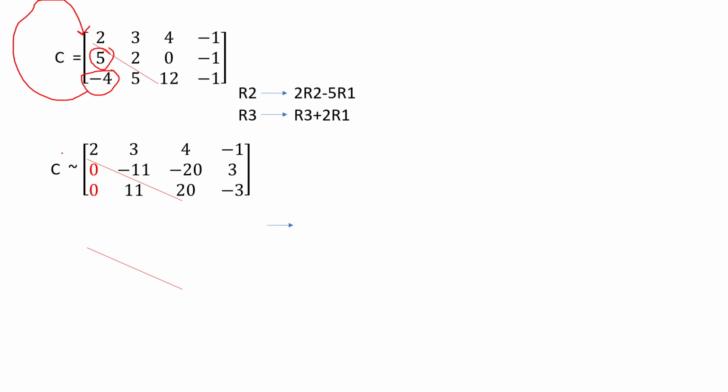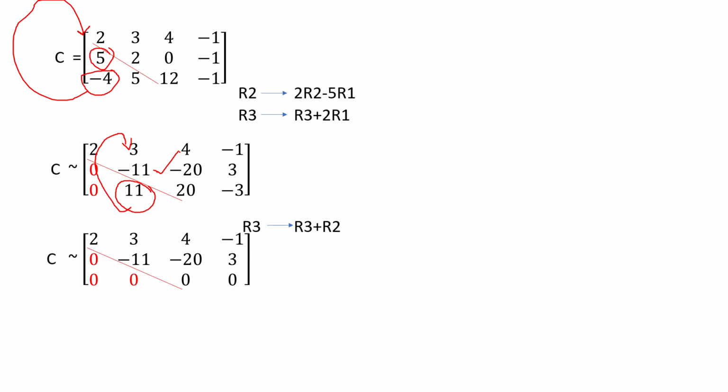Now I need to make this element also 0 in order to get the upper triangular form. For that, I will be using the diagonal element in the same column. I am taking the -11 as base and I will be converting into upper triangular form. The operation I am using is R3 goes to R3 plus R2.